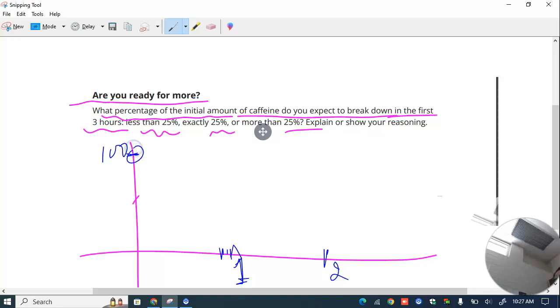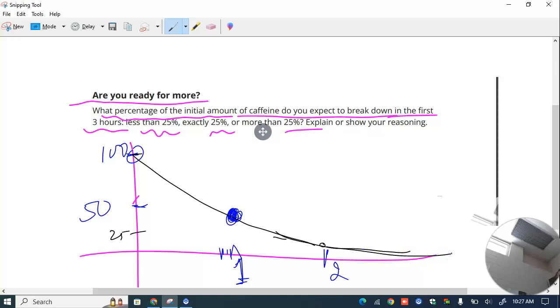So this was in the beginning, and this is 50 after 1 6-hour period, and then this is 25. So the graph goes something like this, right?